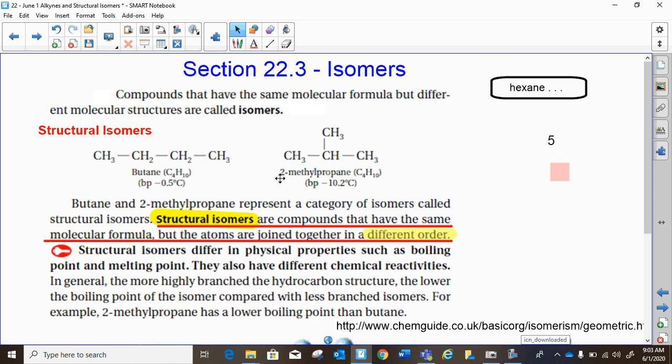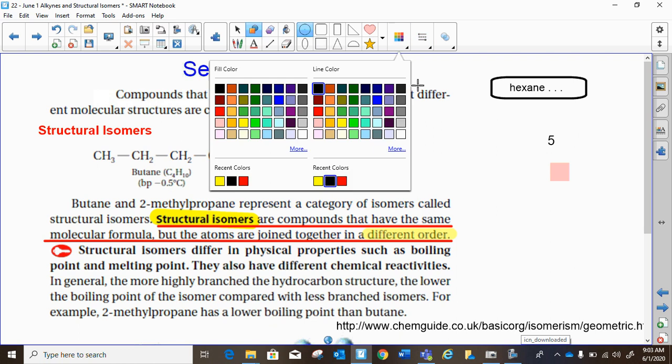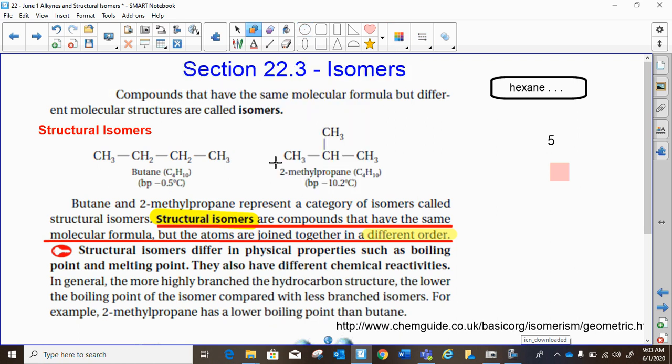Now, I'm going to argue and say that you don't even actually need that 2 at the beginning, because if you put that methyl group in any other spot, it would no longer be a propane, okay? It would be butane. So I'm going to argue and say you don't need that 2 there. If you move that methyl to the first, then you would have butane. To the end over here, and you'd have butane. I don't see the need for that 2.